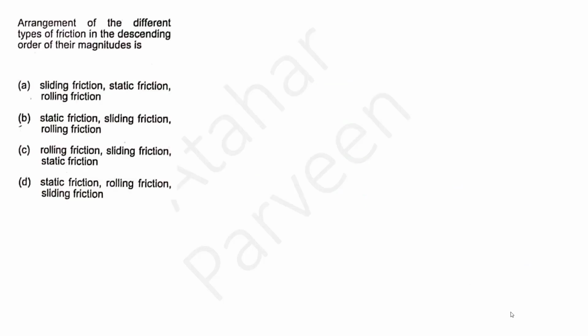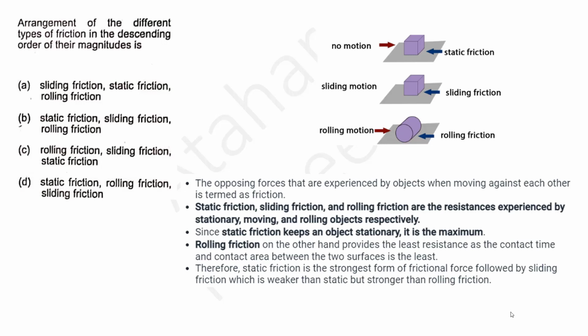Now one more question. This is based on friction. Friction means certain opposing forces are experienced by objects when they are moving against each other. This opposing force is known as friction. For example, if there is one box put on the floor and that box is not moving, that means there is a static friction between the box and the floor.